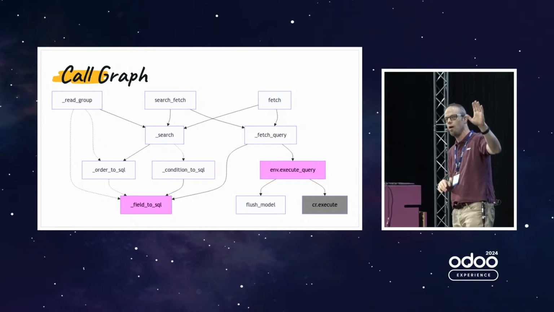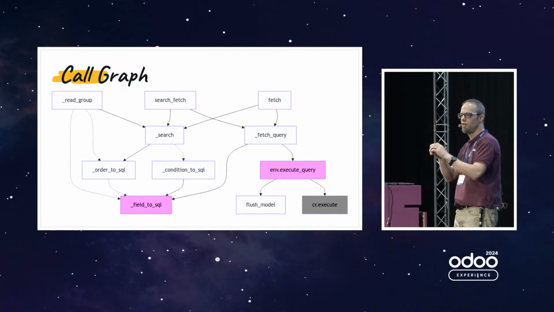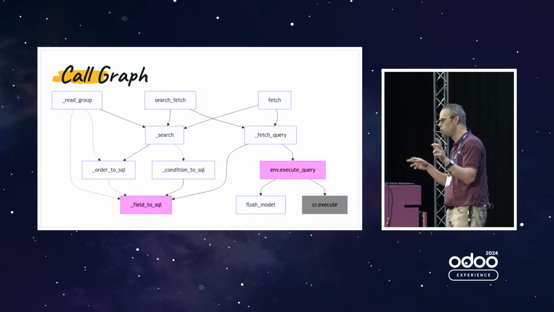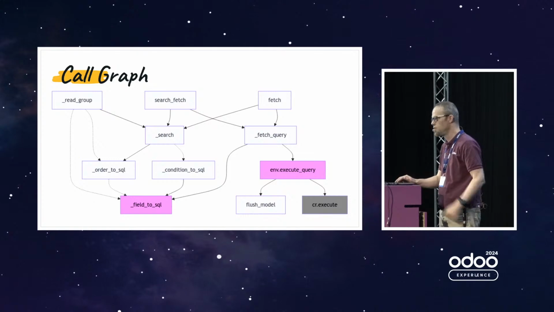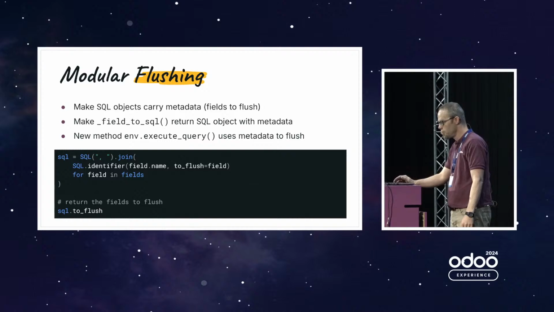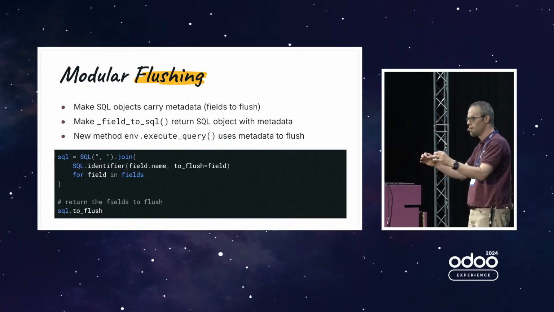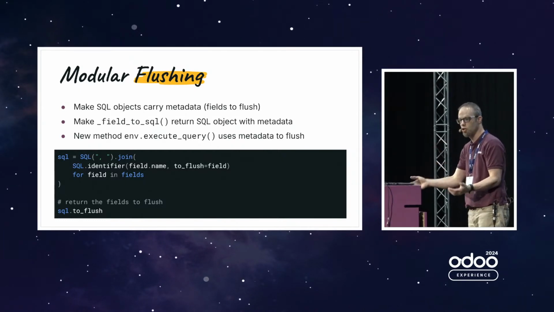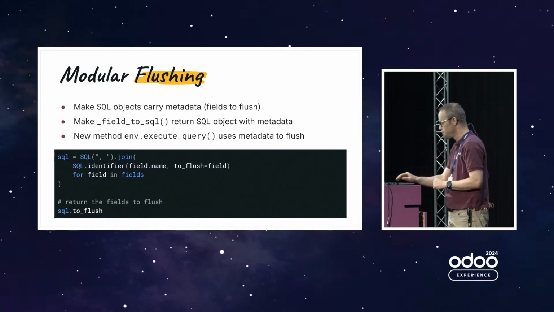There's another one called execute query dict if you want a list of dicts instead of a list of tuples. Essentially it performs a fetch all or dict fetch all on the result if the query has a result. If it doesn't have any result, it doesn't return anything. So it's flushed automatically, and therefore everything that's put into an SQL query is automatically guaranteed to be flushed, provided it's provided with the right metadata.